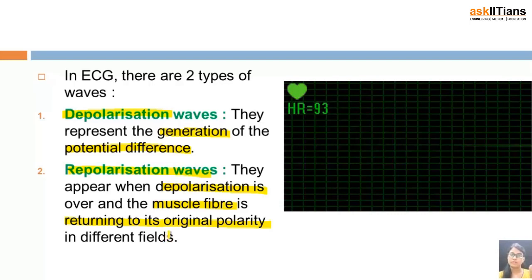So, when there is a potential difference, depolarization will be there, and when the muscle is returning to its original polarity, repolarization will be there.